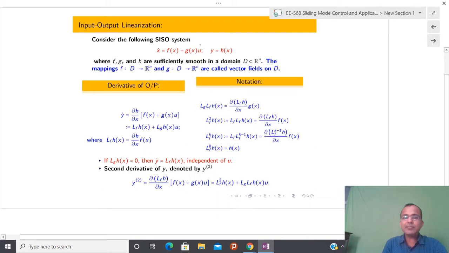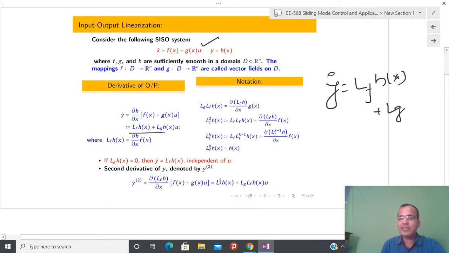I have this system, and suppose if you calculate the derivative one time, y dot, then this symbol comes into the picture. Now you have become familiar with the symbol, so I am going to write in terms of the symbol. Here you have to understand something more. What do you think for this system, when this control comes into the picture, what is the condition such that I have output y and I can control this output y using control?